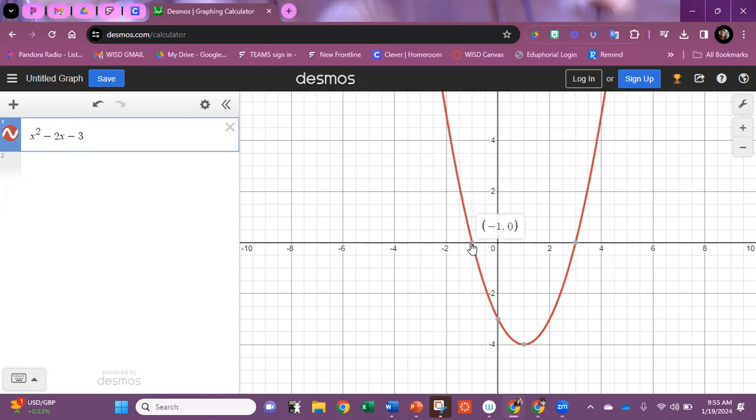So I have -1, 0, I have 0, -3, I have 1, -4, and I have 3, 0 as points, and I can do this one too, as points to help me sketch it on my notes. Is that cool? I'm going to need y'all probably to tell me these points again when I get to the graph.